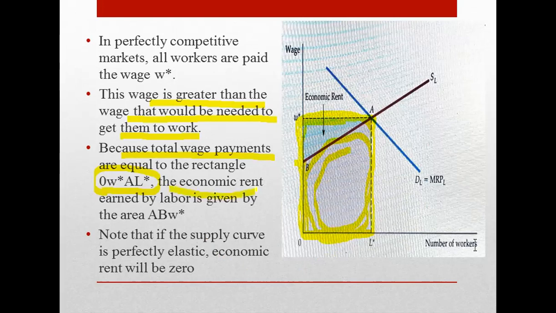Now, the economic rent earned by labor is given by the area ABW star. So look at this area, ABW star, is the economic rent.